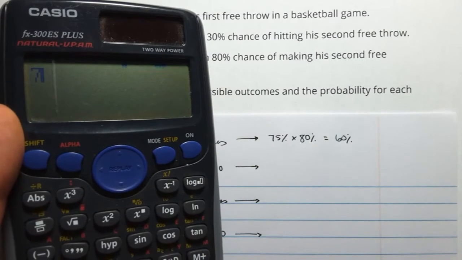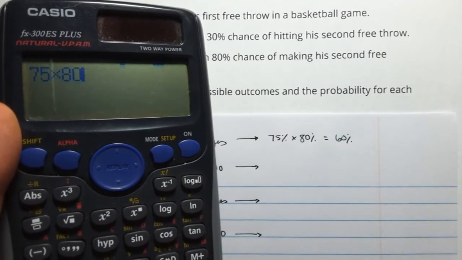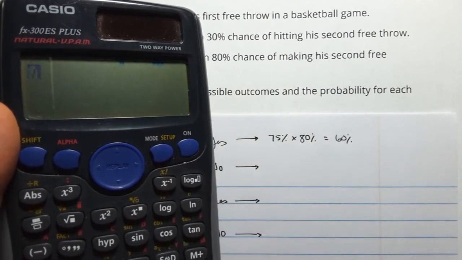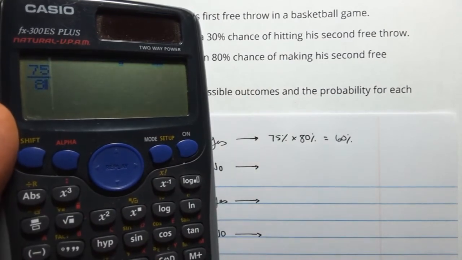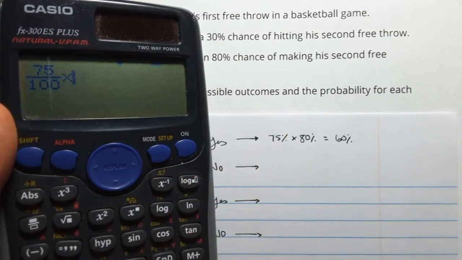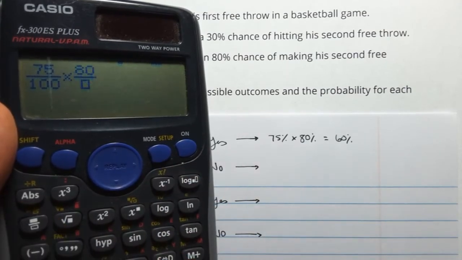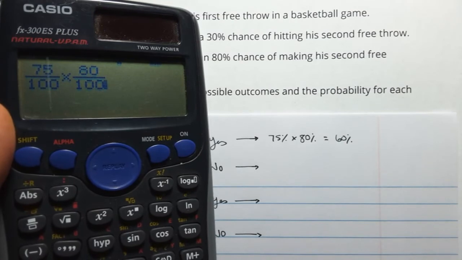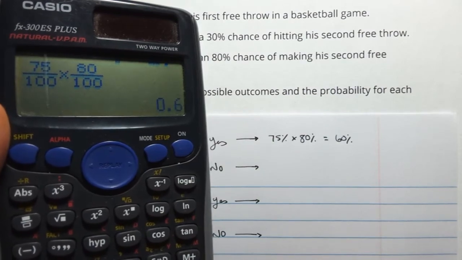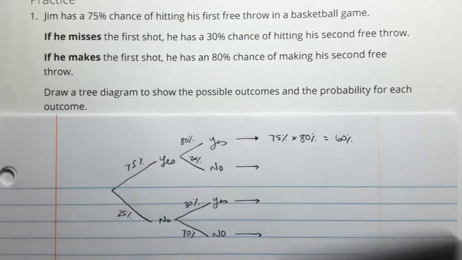It's difficult to do like 75 times 80. You get this big number and you have to know how to handle it. An alternative is to use fractions, 75 over 100 times 80 over 100. Those are your percentages. And that once again gives you a fraction 3/5. On here I convert that to 0.6 or 60%.